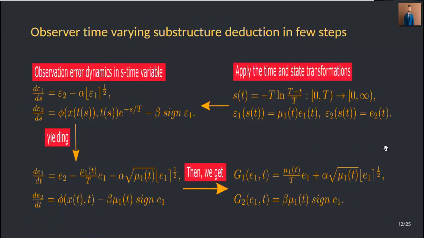The synthesis of this time varying substructure I will try to show here in a few steps. We start from the observation error dynamics in the s time variable. The s time variable is given here in this first line. It's a mapping from the semi-open interval 0 to capital T to 0 to capital infinity.